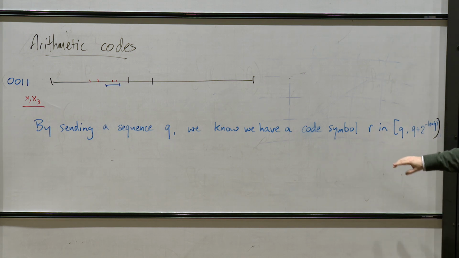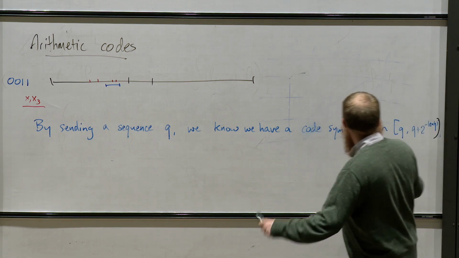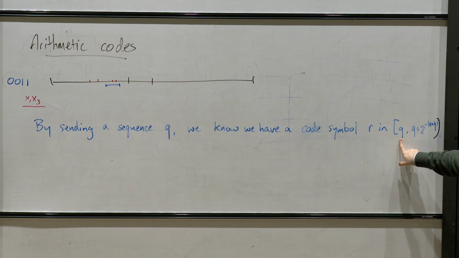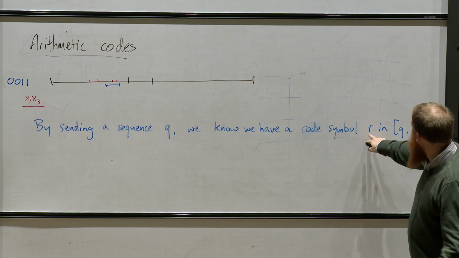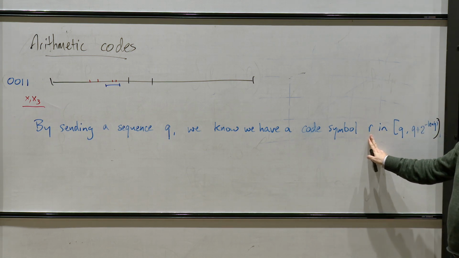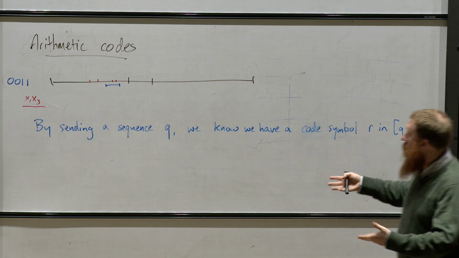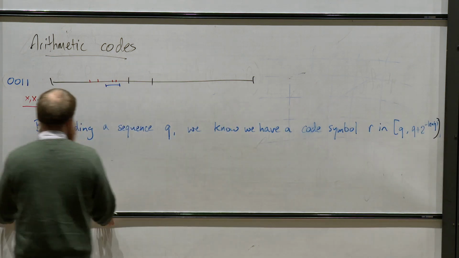So by sending a sequence Q, where here I've thought of Q either as a sequence or as a binary expansion of a real number, I then just am saying that I need to identify which real number could possibly lie in there. And I do this completely recursively as I've described.